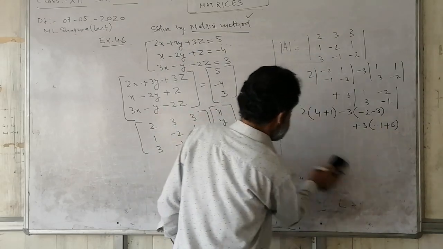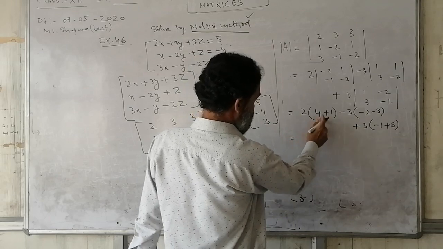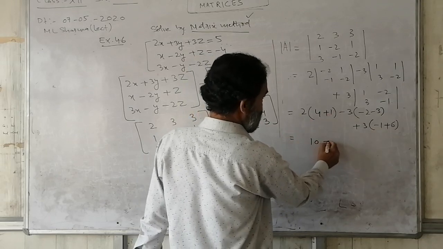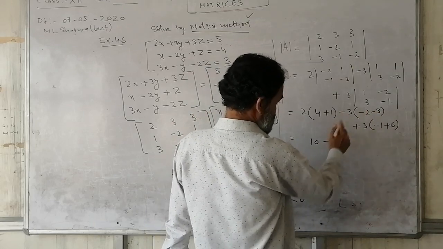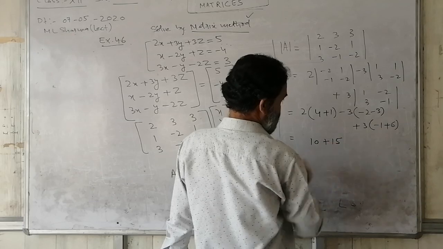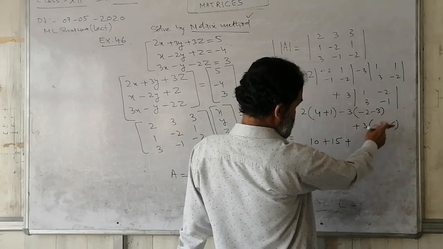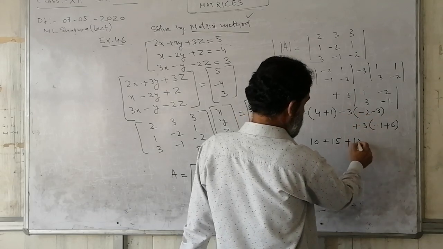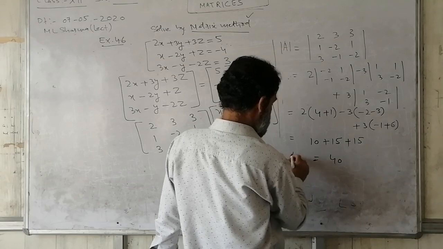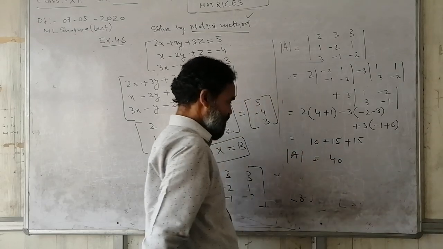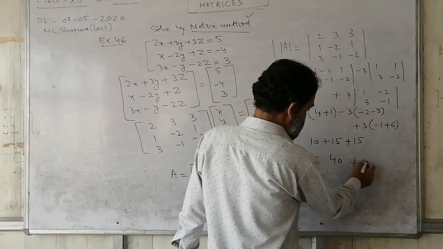So the value of the determinant is 4 plus 1, 5, 10 here, then 2 plus 3, 5, minus 15 here, and minus 1 plus 6, 5, 5 threes are 15. So that means 30 and 40. So the value of determinant A is equal to 40 and this is not equal to 0.